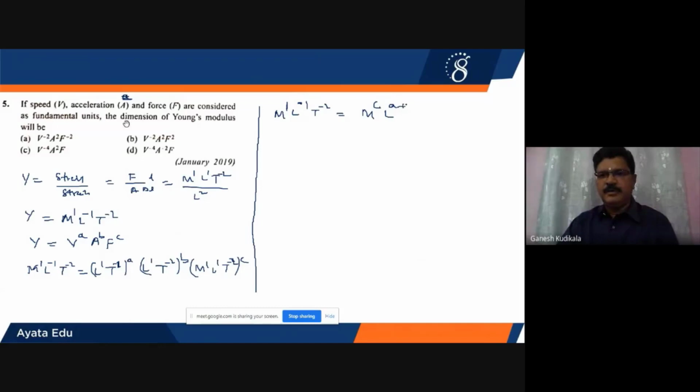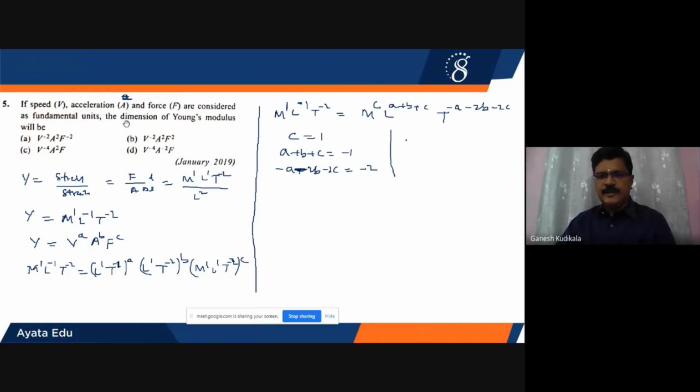And T to the power of, three terms are there: minus a, minus 2b, minus 2c. Now equating the terms, C must be equal to 1, and a plus b plus c will be equal to minus 1, and minus a minus 2b minus 2c will be equal to minus 2.